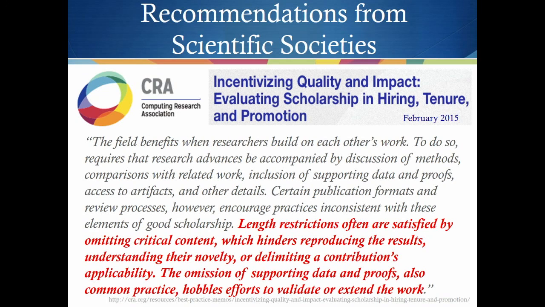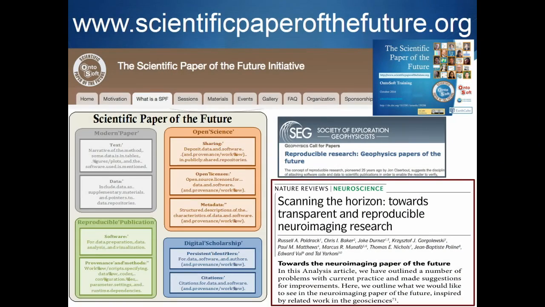My scientific society, the Computing Research Association, had a document on tenure and promotion that really recognized that current papers are not very friendly to properly documenting computational work. So I think we're going to see a lot of changes in the way that research is published. A lot of communities are adopting these kinds of guidelines.